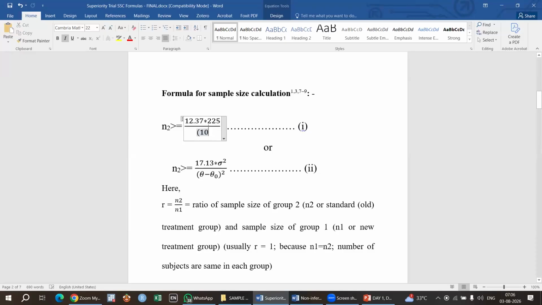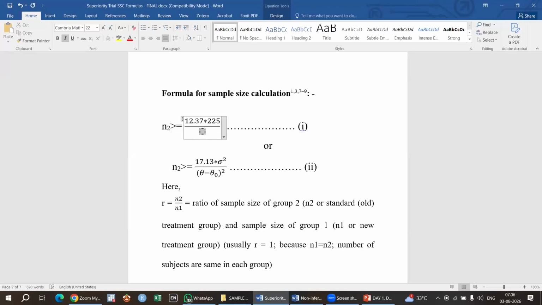So please multiply the above value: 12.37 multiplied by 225. Please give me the value.